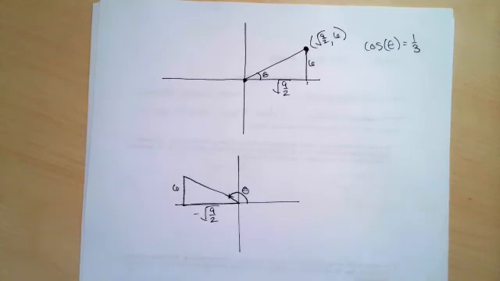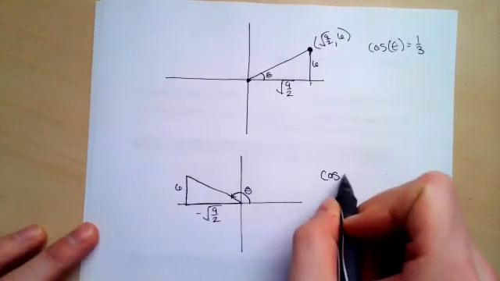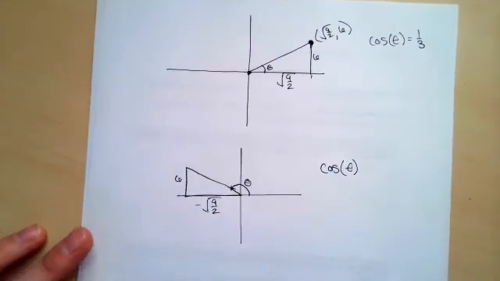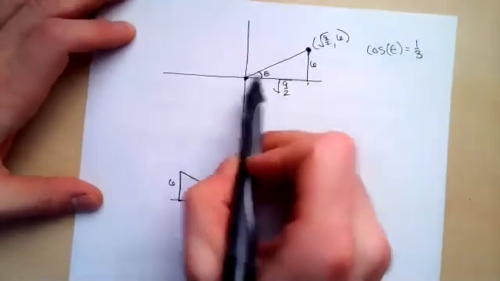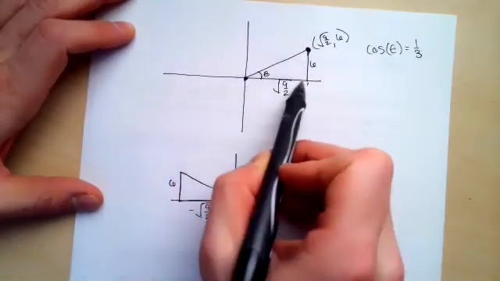But we always have to check. We have to check in terms of the context of the problem. In this case, what is cosine of theta going to be? Well, we haven't talked about this too much, but we'll get into this and explain this a little bit better next week. We want to extend our notions of sine and cosine beyond this first quadrant.